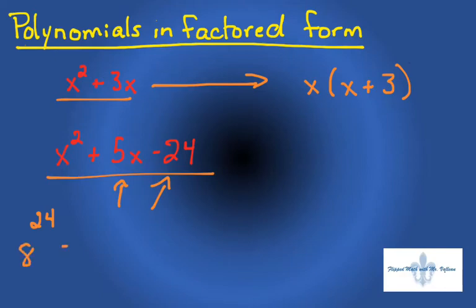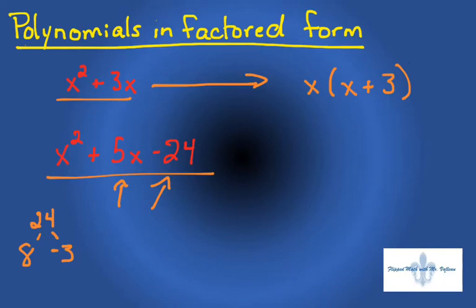And we have 8 and 3. Now that's getting closer. So let's take a look at 8 and 3. And then we realize what we need is a negative 24. So if we have an 8 and a negative 3, that would give us a negative 24, and would also add together to result in 5.